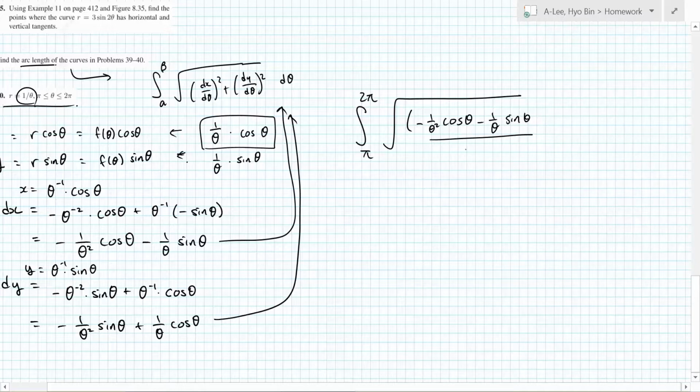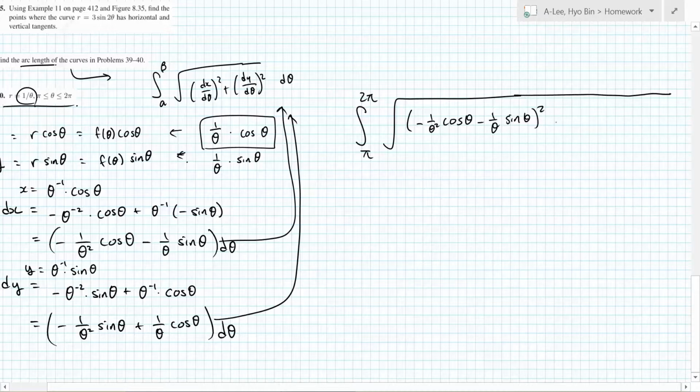We actually don't need the dθ there because I should have put it in when I took the derivative, so that would not matter in this equation.